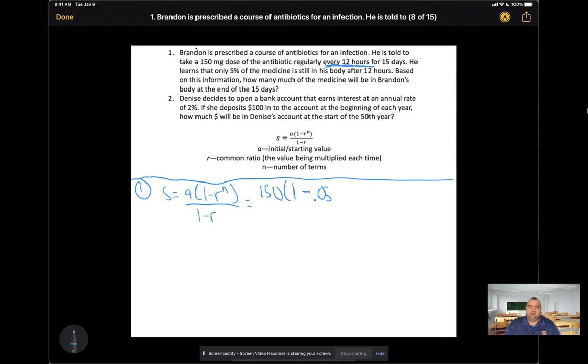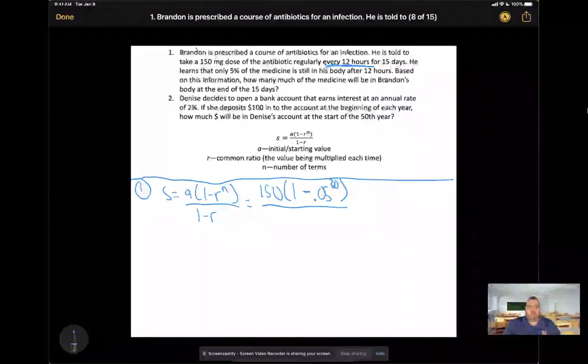So essentially, he's taking the dose twice a day for 15 days, which means he's taking a total of 30 doses of this medicine. So the N value in this case is actually going to be 30 because he is taking a total of 30 doses. Every 12 hours is twice a day.